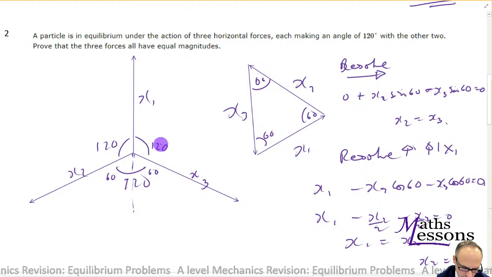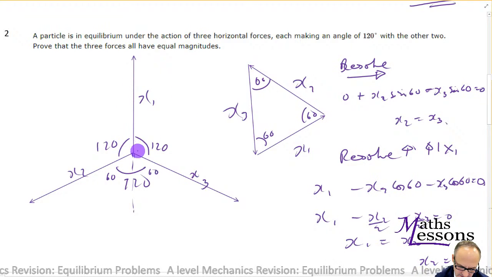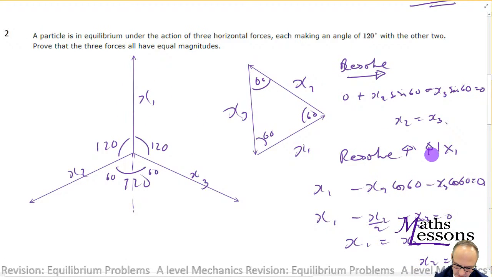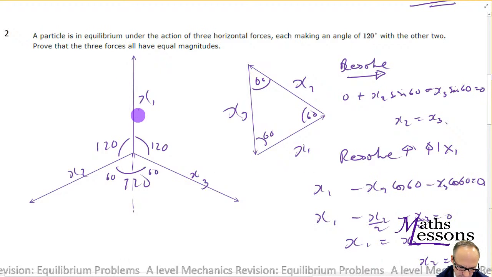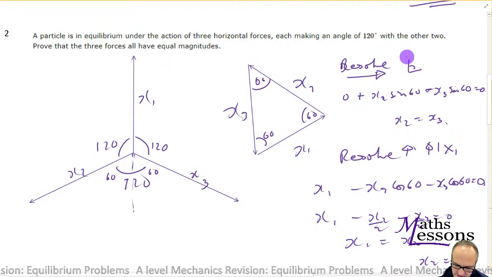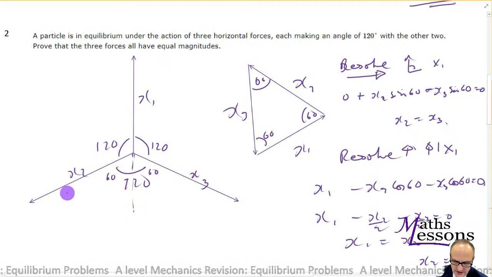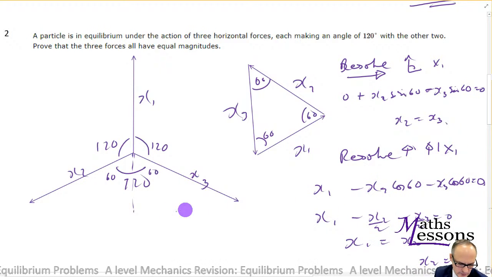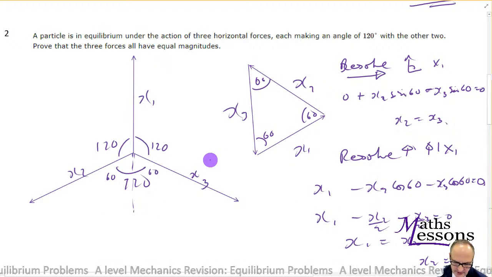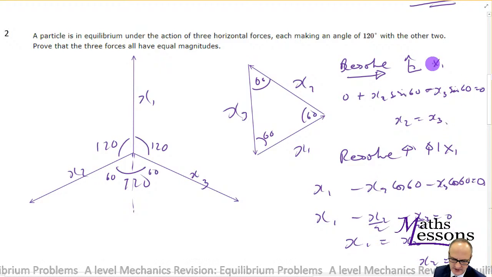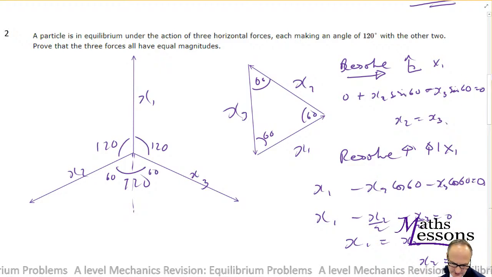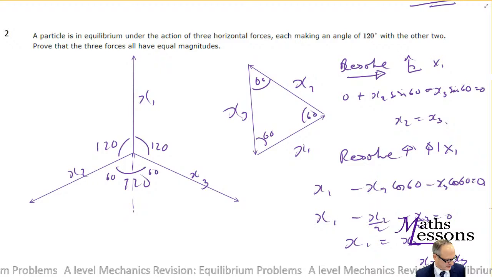Then it wouldn't matter what direction these point in. This one could be perpendicular to x1 here. Resolving perpendicular to x1 would be a more general proof, and it wouldn't matter what way we're pointing. That would be a much better proof of this, if I'm honest.